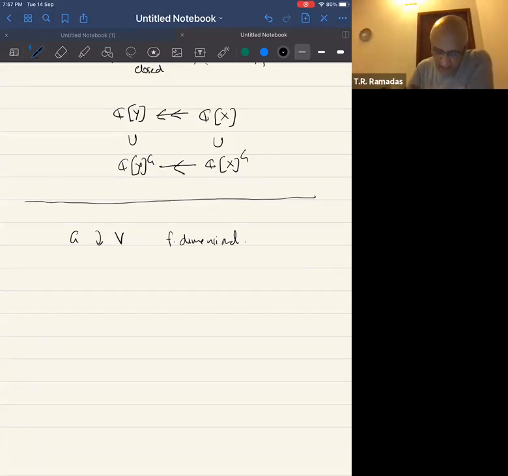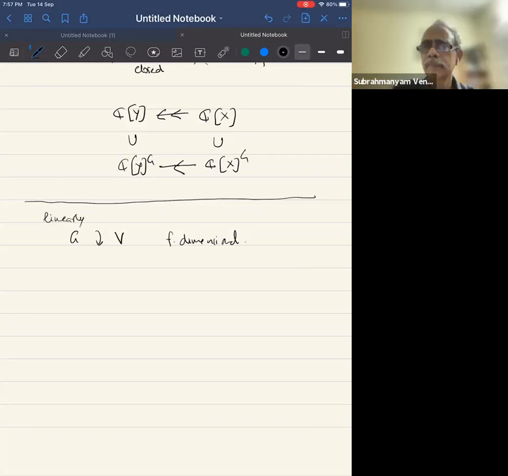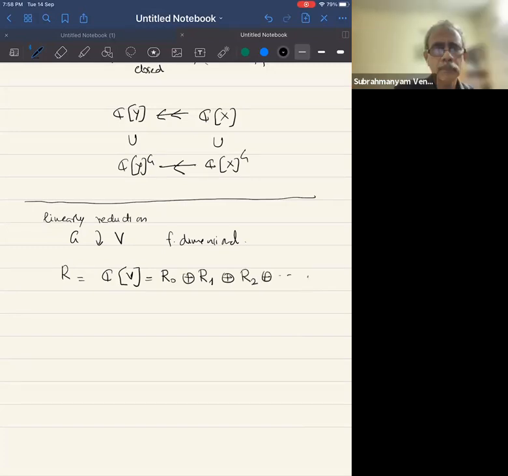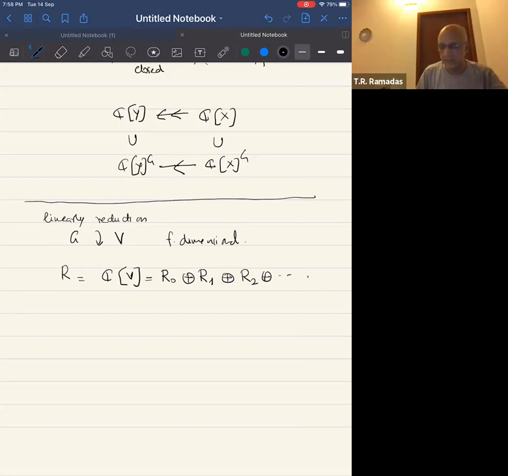So now, I have a linearly reductive group G acting on a vector space V. It's acting algebraically and linearly. Now take the ring R of polynomial functions on V. This consists of the constants plus homogeneous polynomials of degree 1, direct sum homogeneous polynomials of degree 2, etc. In other words, the ring of polynomial functions on a vector space is a graded ring, graded by the degree of the homogeneous polynomial.